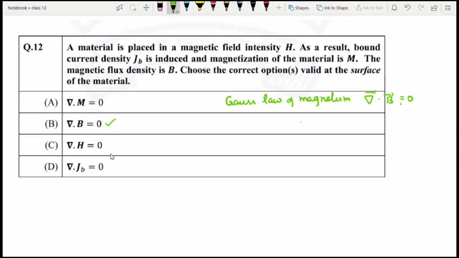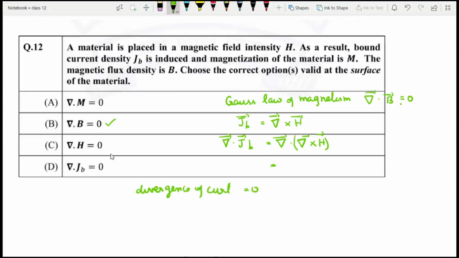Then we know for a static magnetic field we have current density J_B is equal to del cross H. Then del dot J_B will be del dot del cross H. We have already studied that divergence of a curl is 0.